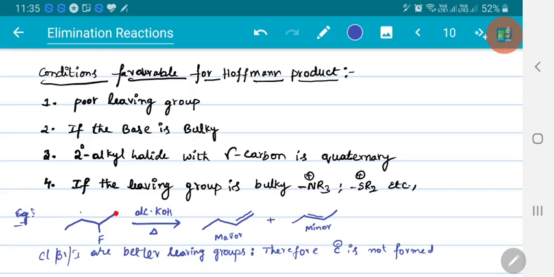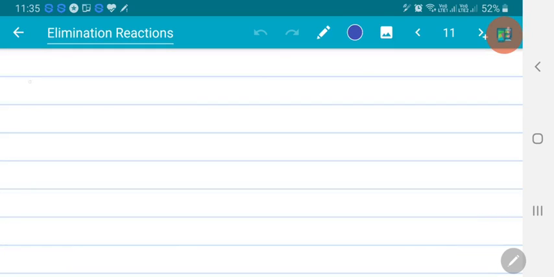Let me take another example. Fluorine. Now, if it is allowed to react with alcoholic KOH on heating, here also the base will first abstract a hydrogen, and you may get a negative charge here, or you may get a negative charge here.